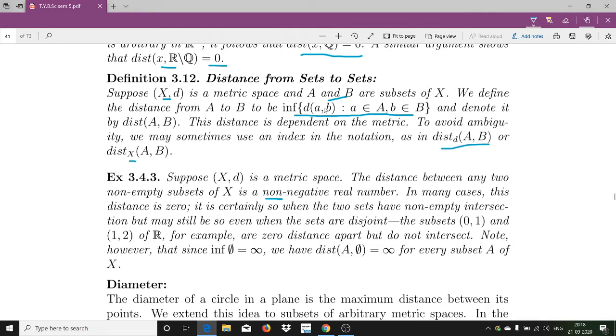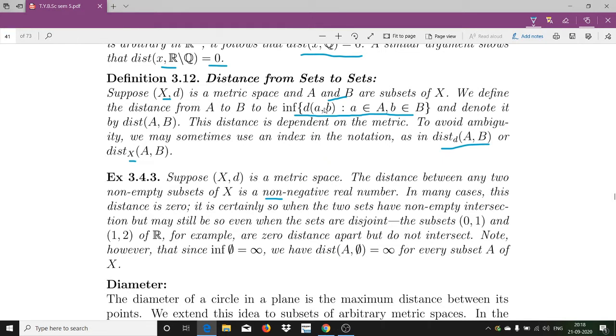There are many cases where this distance between sets A and B will be 0 also. One obvious case is if A intersection B is not empty. That means there are certain points which are common in A and B, then certainly the distance between A and B has to be 0.